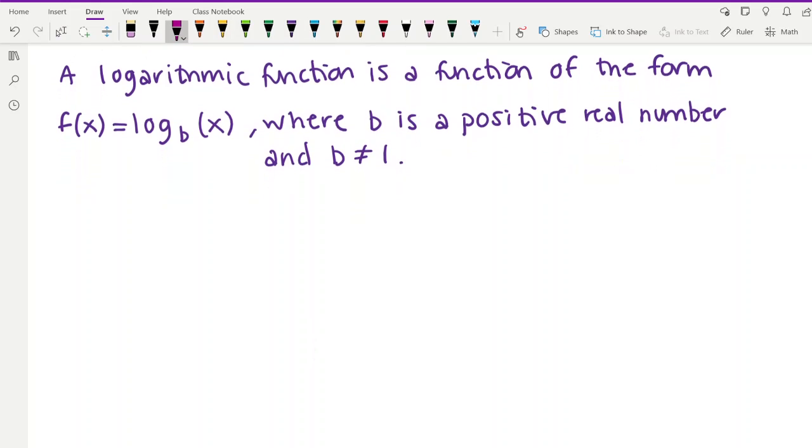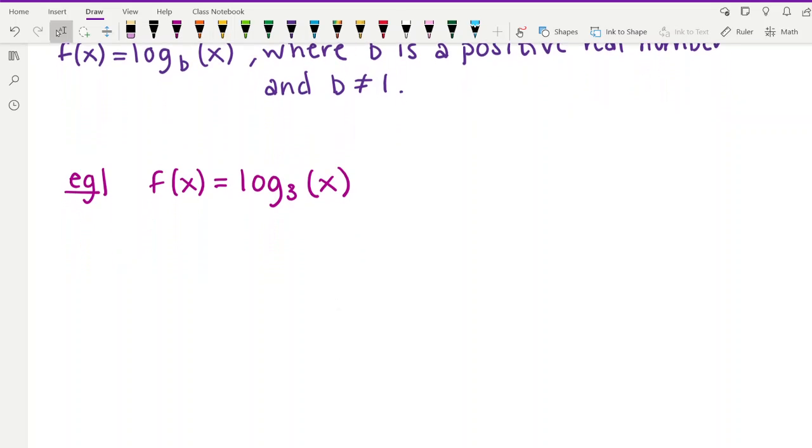So an example of a logarithmic function would be something like f of x is equal to log base 3 of x. So how does this kind of function work? Well, you use it just like any other function, right? So if we wanted to evaluate f of 9, you would take log base 3 of 9.